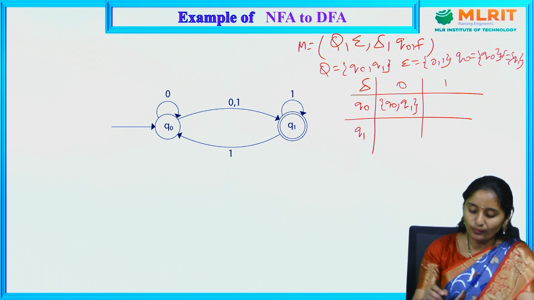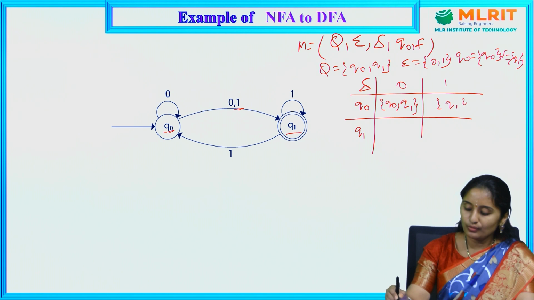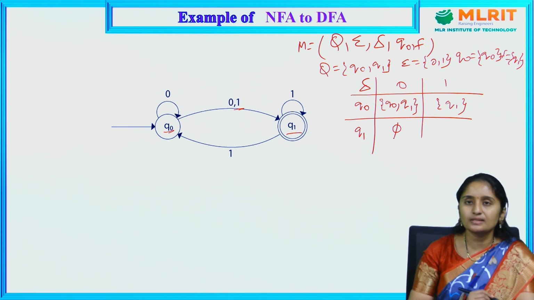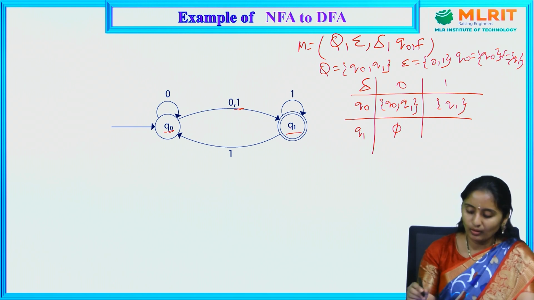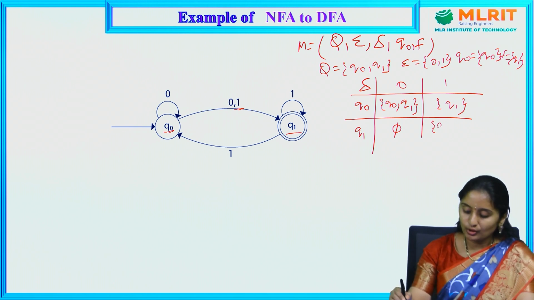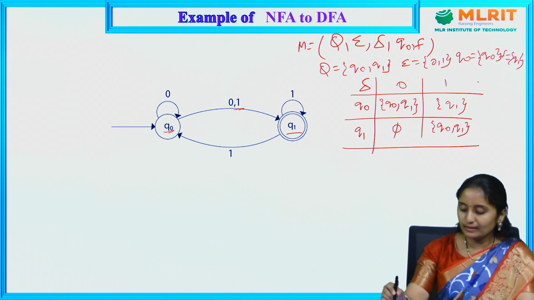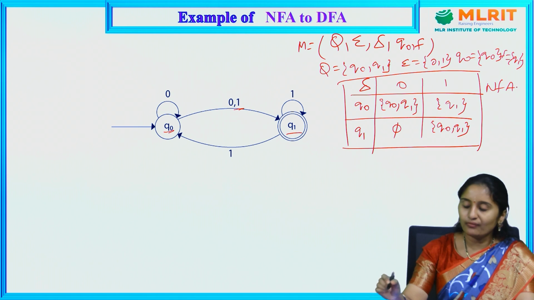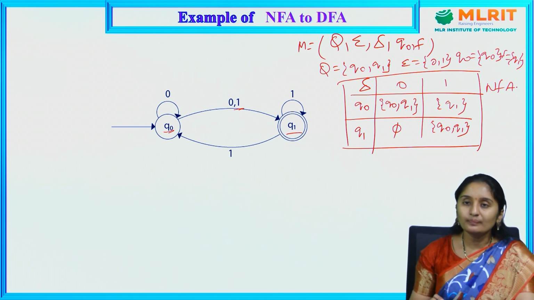Q0 on 1 goes to Q1. Q1 on 0 has nothing, so it is phi. Q1 on 1 goes to Q0 as well as staying in Q1. So this transition table is for the NFA.